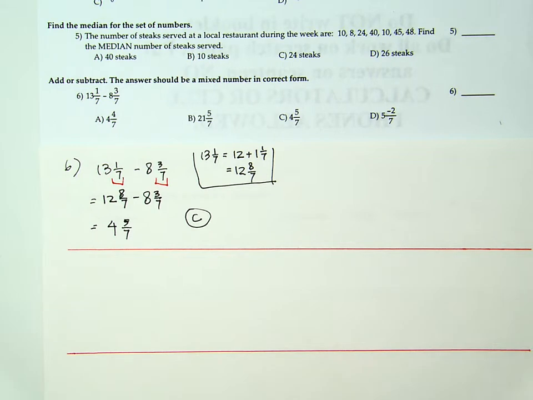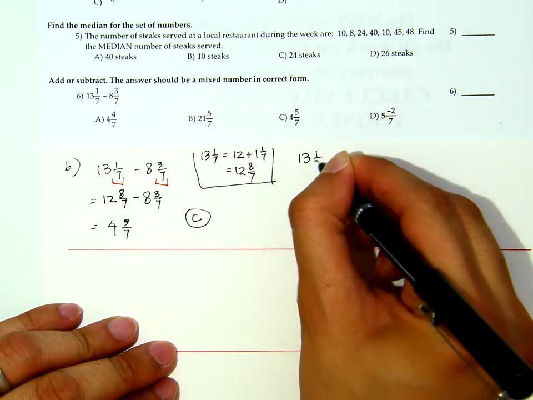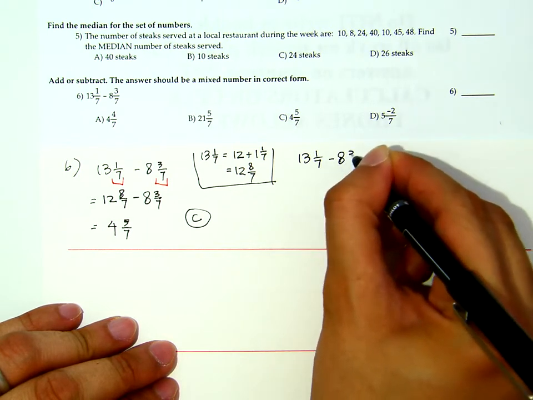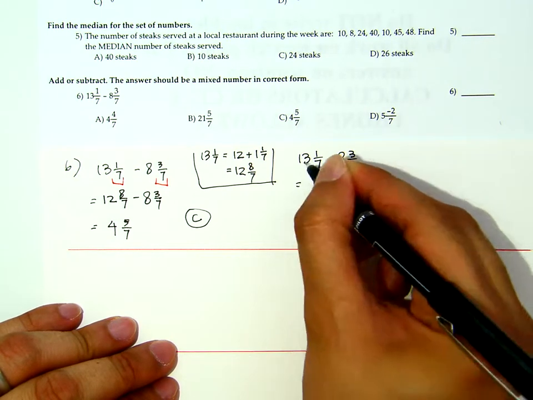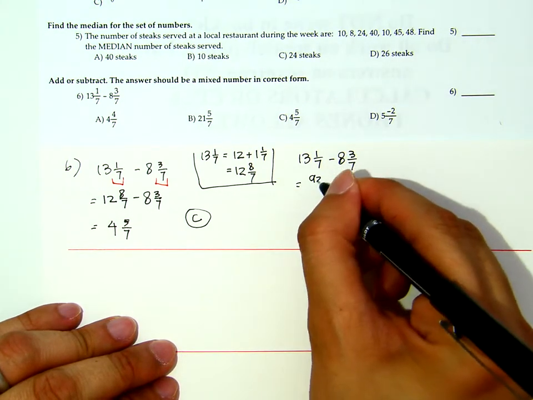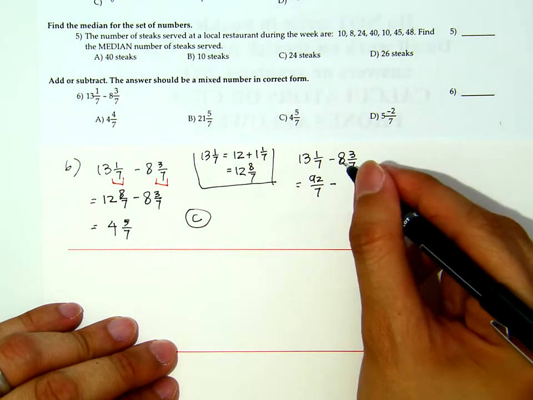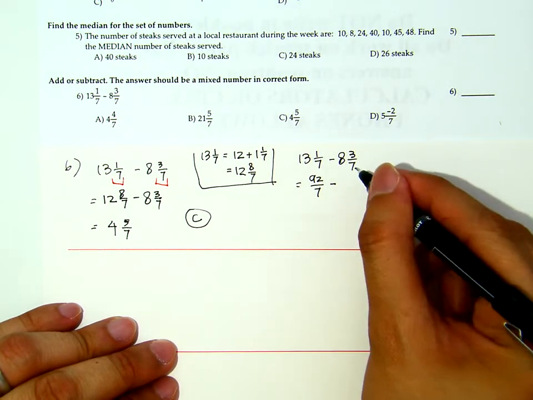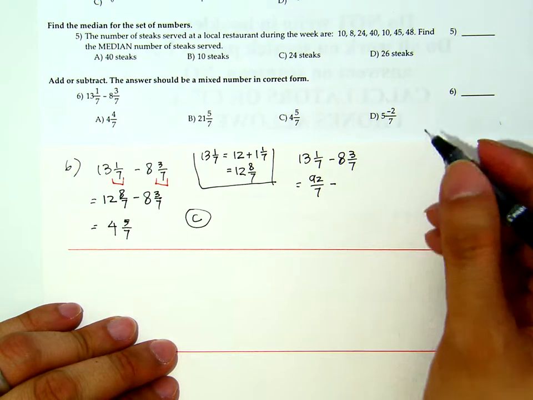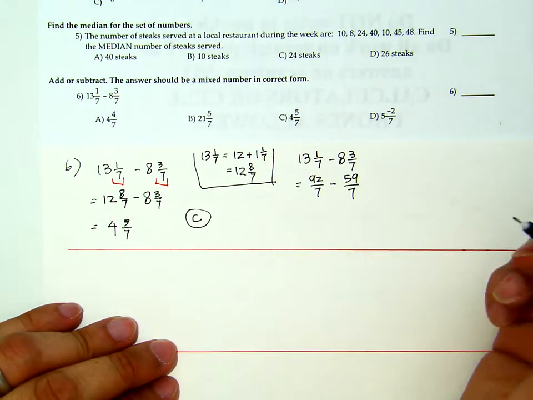But if you make it into an improper fraction, let's redo the question. If you do it in improper fractions, then this will be 13 times 7, that's 91, plus 1, that's 92/7, minus 8 times 7, 56, plus 3, 59/7.